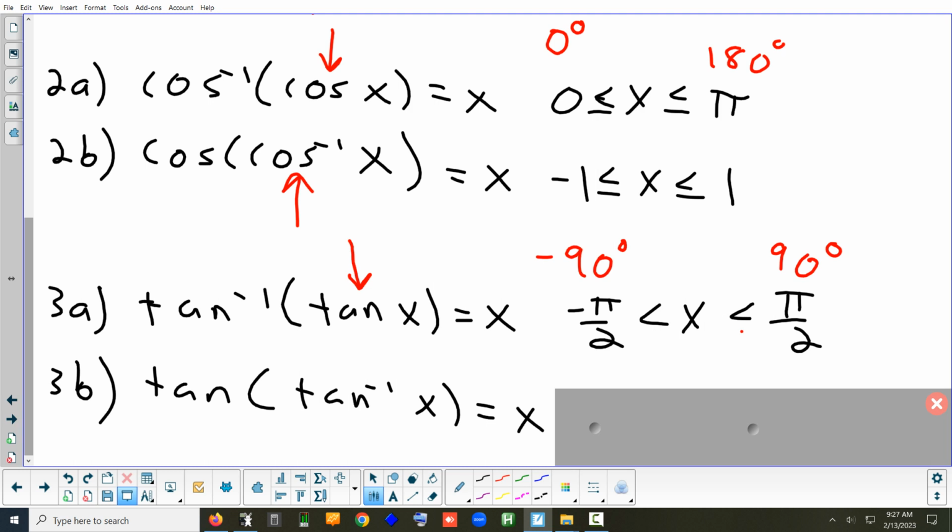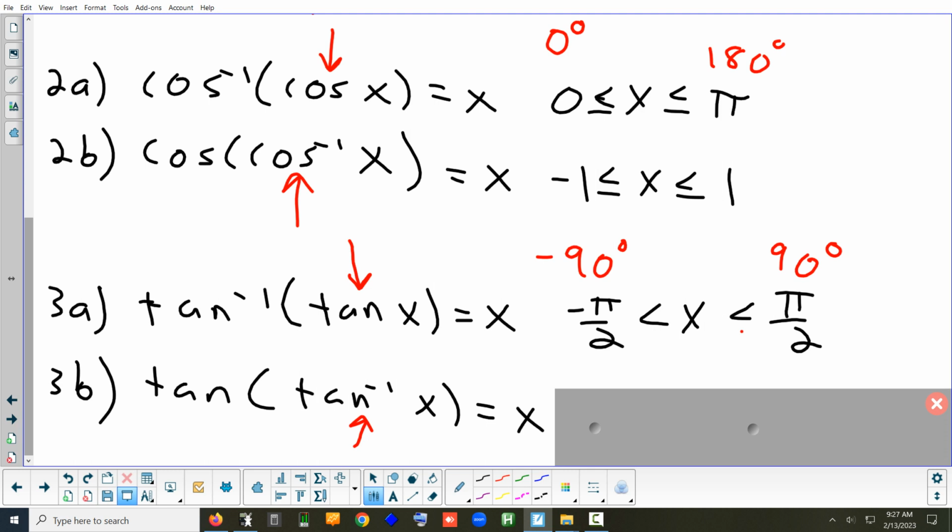And now, switching. When you switch it, it's just like an order of operations thing. It's just which one you do first. So now we're doing the tangent of the inverse tangent. Think about the one that's inside the parentheses and ask yourself, what is the domain of inverse tangent?